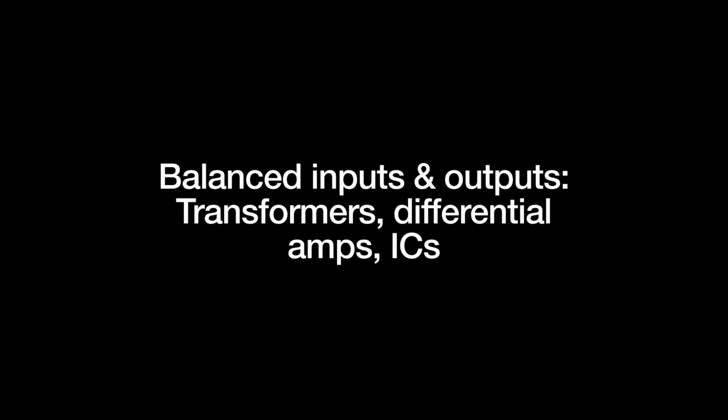Whereas transformers are the kinds of things you'll find more likely in DI boxes, vintage gear, vintage style gear, things like Rupert Neve things, and all the stuff that goes along with that. So that's one thing to keep in mind.